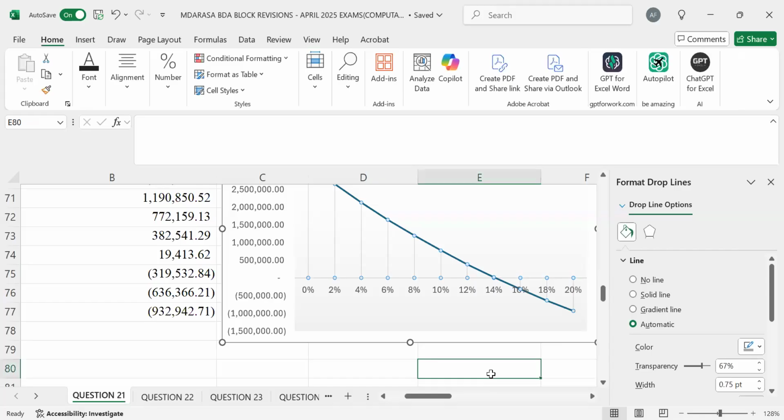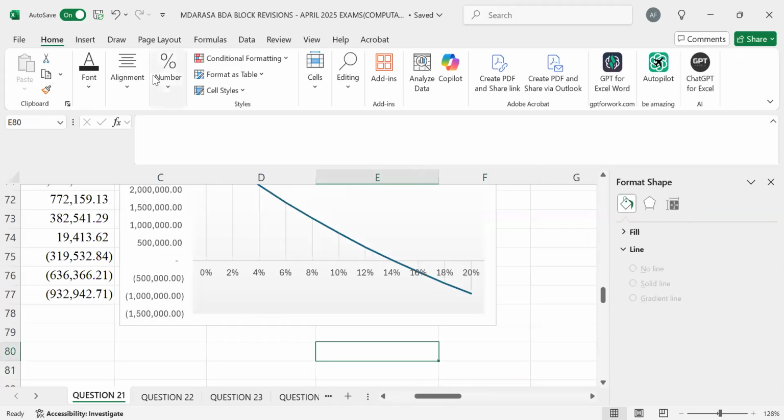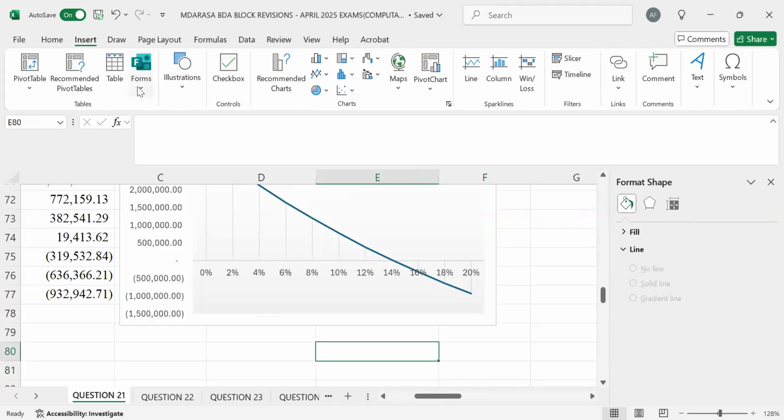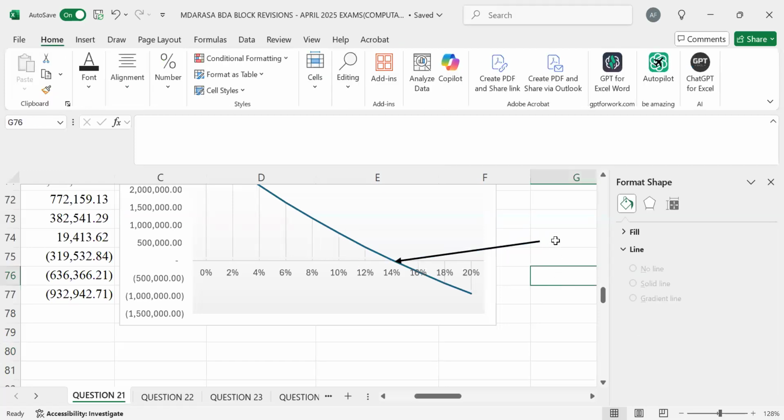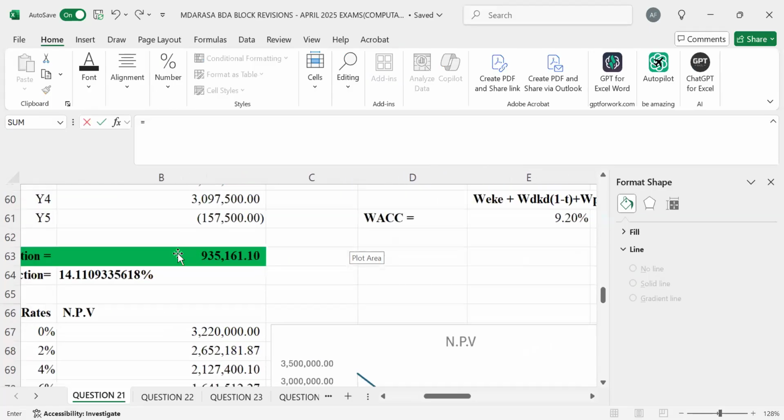You can just indicate a point where our NPV is equal to 0 without a lot of struggling. You just indicate to show the examiner that you attended the class. So that is 14. You can take whatever you've computed here.